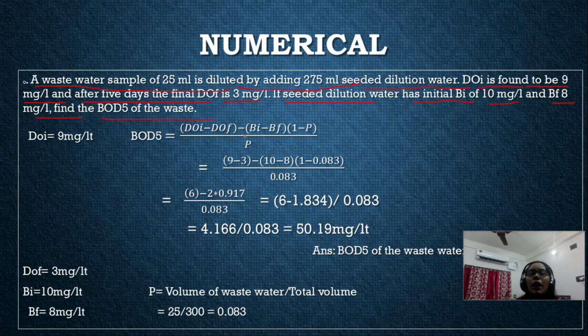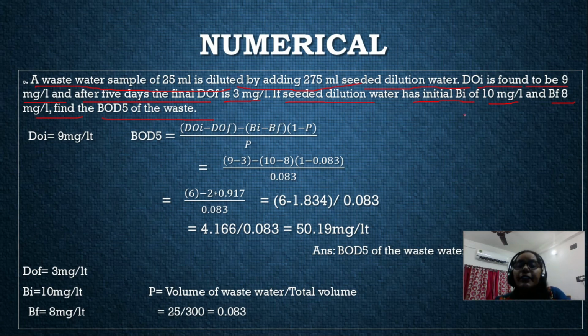Now one more thing: while you're solving the problem, first of all you have to check very well, because there are two equations you have now. One is the simple BOD test, and the second one is the modified BOD test. While solving, you have to check the question very well to see which equation you have to use, otherwise you cannot solve properly.